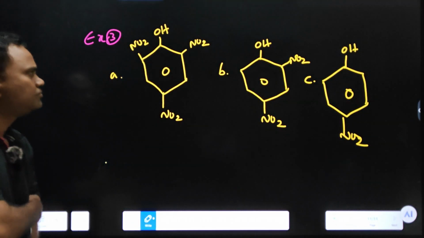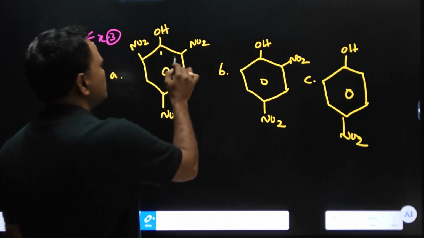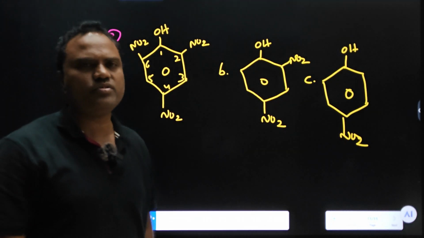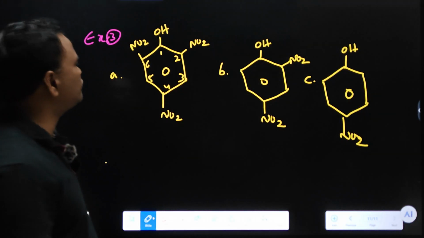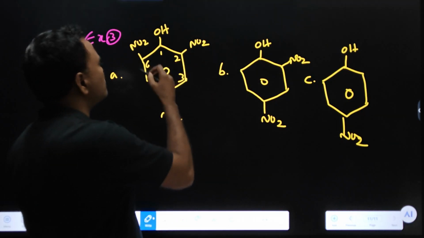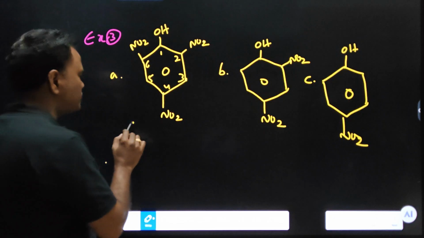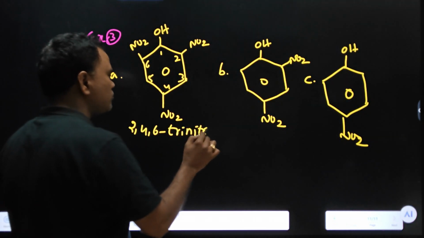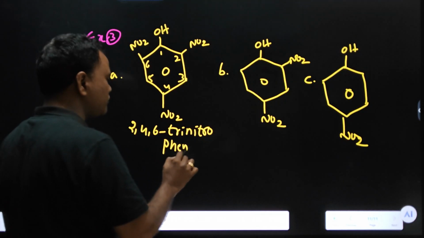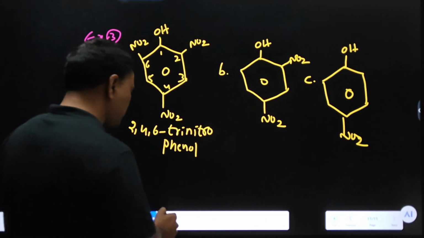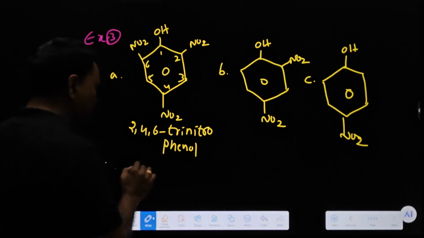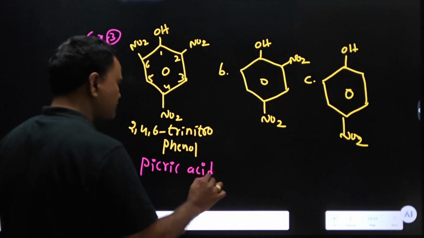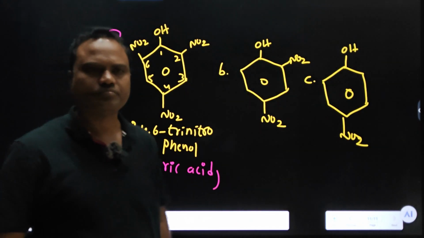Let us give the IUPAC name, then the general name. Its IUPAC name is 2,4,6-trinitrophenol. Names are also important. Commonly it is called picric acid. The common name is very, very important: picric acid.